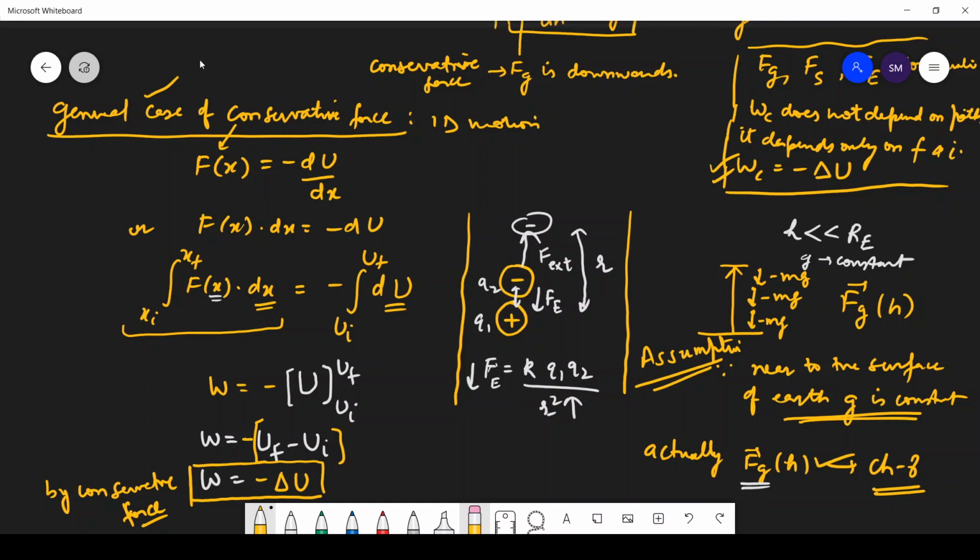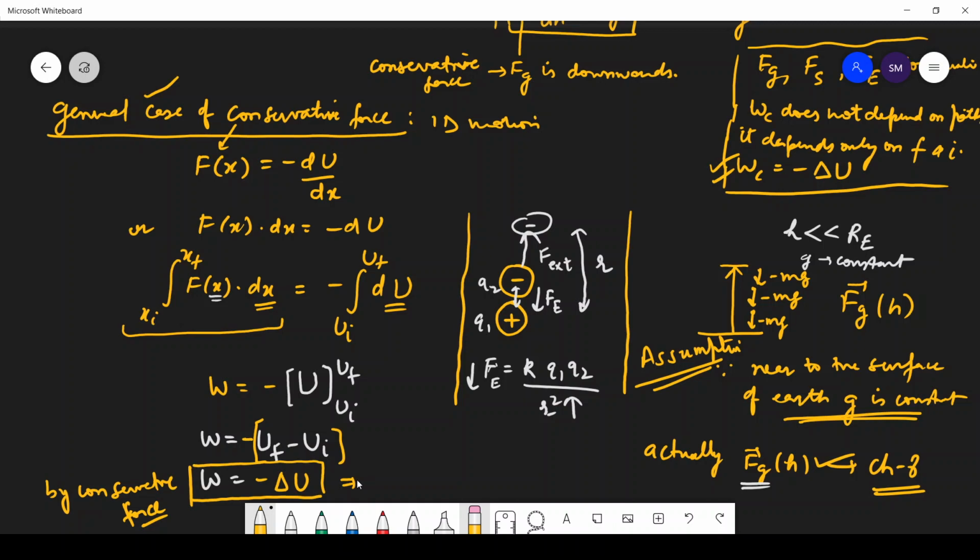So students, this is the thing that you need to understand. Now further, for a very small distance, you can also take this force as constant, and you can write the formula as F dot D for very small displacement.